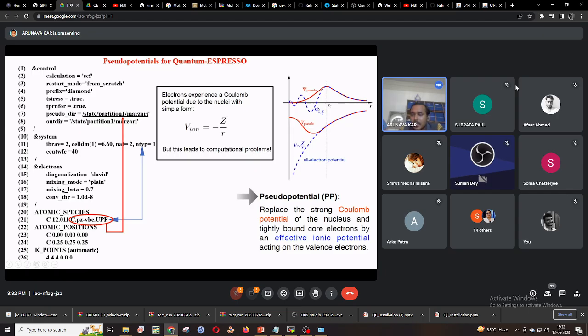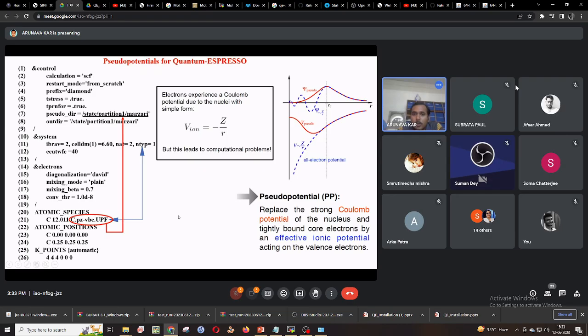All this information is contained in the pseudo file. So we don't have to do these things. We only need to specify the pseudo file, and within it all these things are included. So we don't need to worry about this. We just need to provide the proper pseudo file.